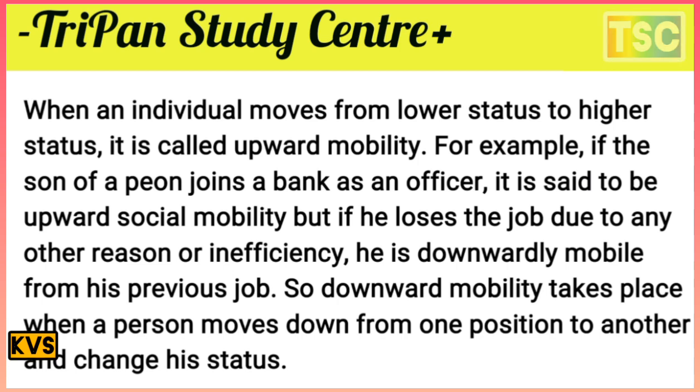But if he loses his job due to any reason or influence, it is a downward mobility from the previous job. So downward mobility takes place when a person moves down from one position to another and changes his status. Now do you understand upward mobility and downward mobility? This is most important here.